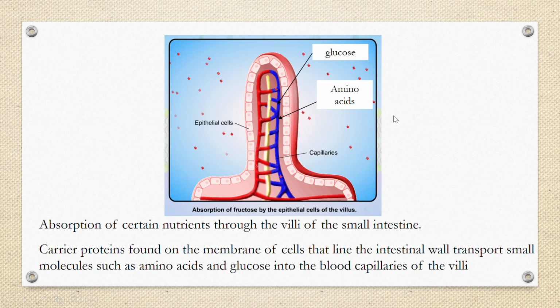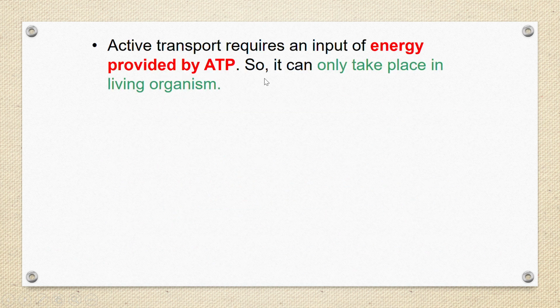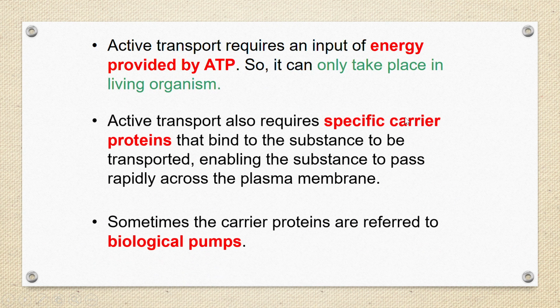Tapi, for active transport, specific carrier proteins. Okay, we don't mention channel protein. So these specific carrier proteins will bind to the substrate to be transported, therefore enabling the substance to diffuse rapidly across the plasma membrane. And sometimes you call the carrier proteins a biological pump.